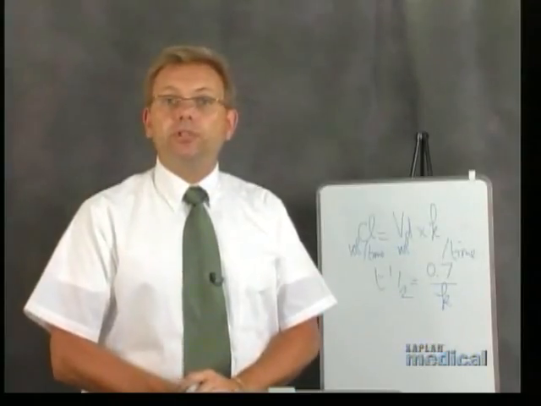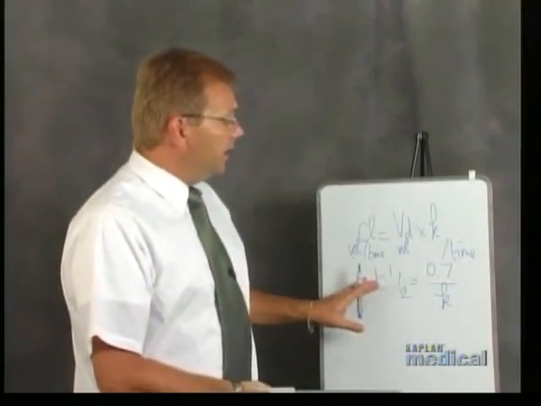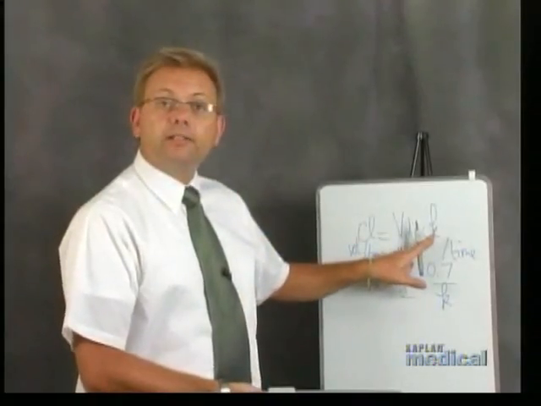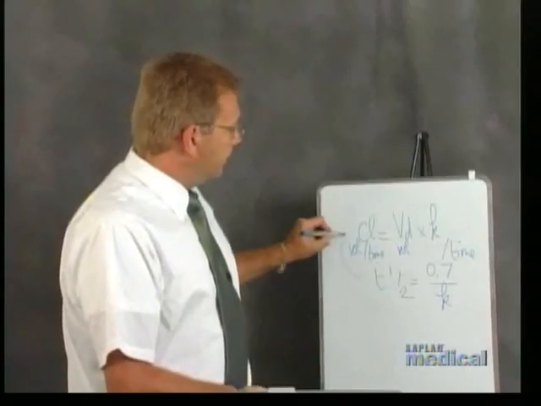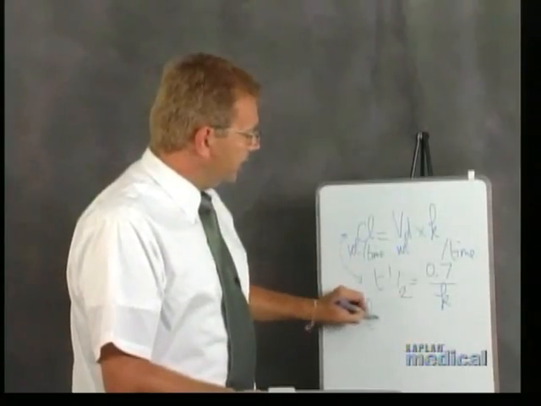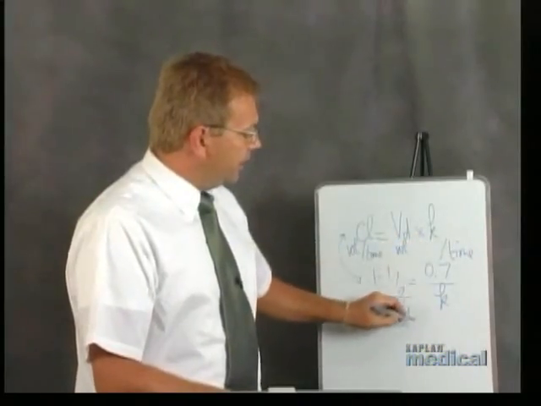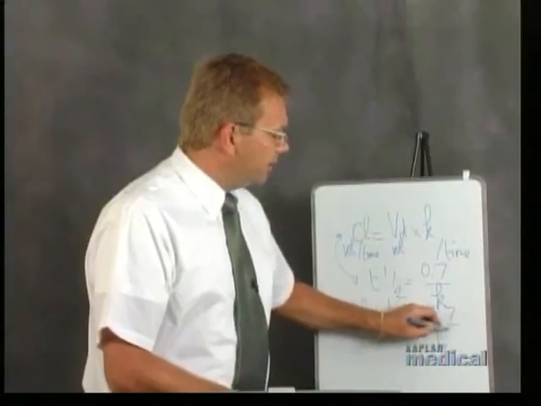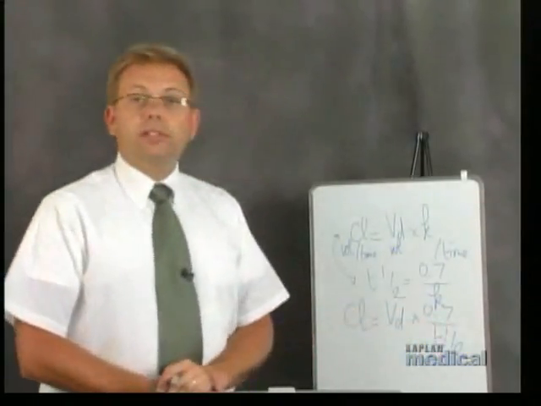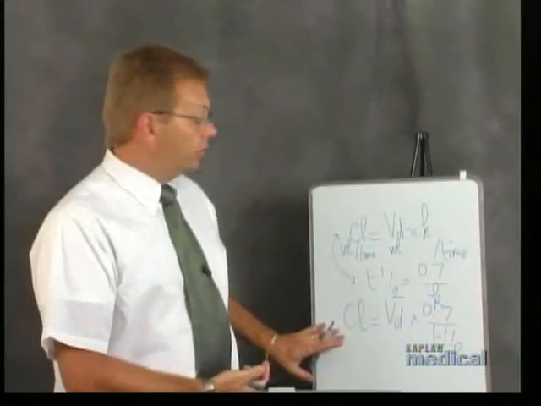Exactly the same relationship we worked on in the previous tape. Matter of fact, let's substitute K in this equation for a half-life. You would come up by combining the two equations with the fact that clearance is still the volume of distribution, instead of K, you could replace it by 0.7 over T1/2. This is another valid equation of pharmacokinetics, which is easy to derive from the previous two.